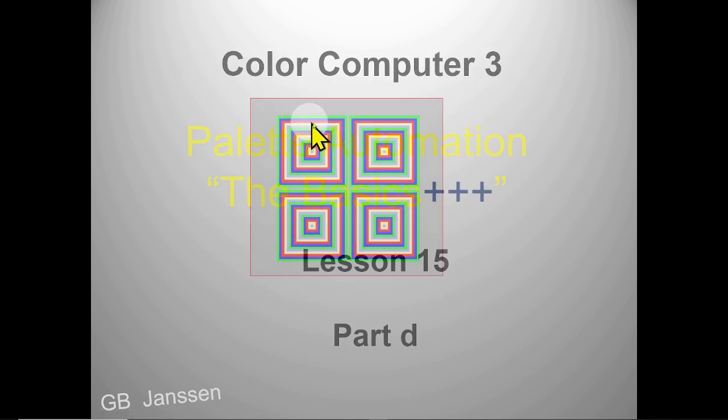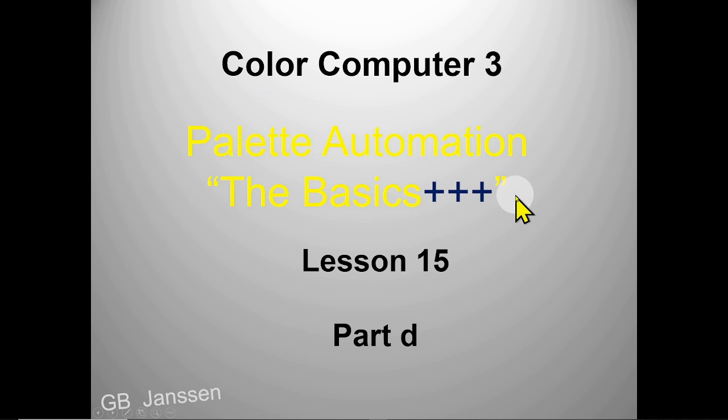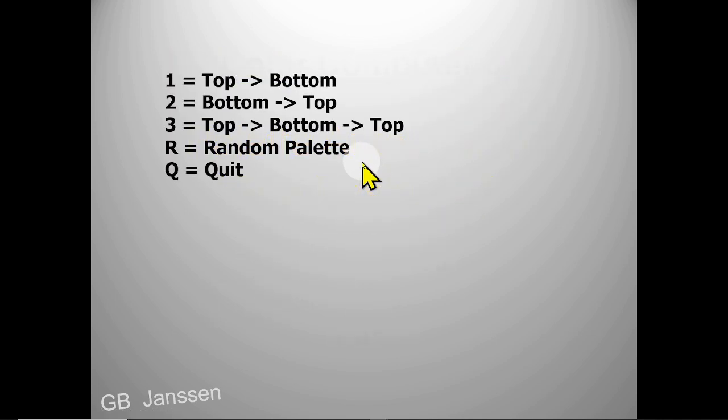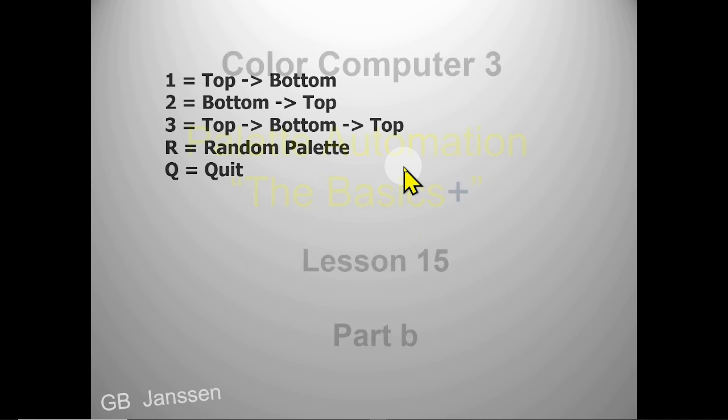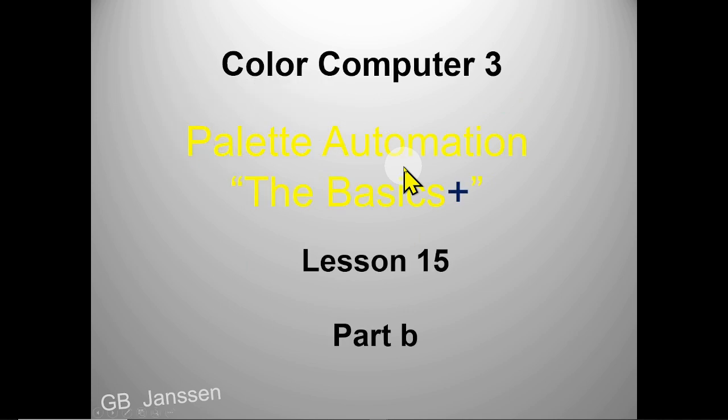After that we'll go to basics with three pluses, and we'll look at some different variations of different sprites. Even this one sprite just put on the screen 4 times, and it's like starting from the center and working its way out, in and out, in and out. Just some other automations that are coming up when I get around to them. So we're at B now. That's it for this lesson here.